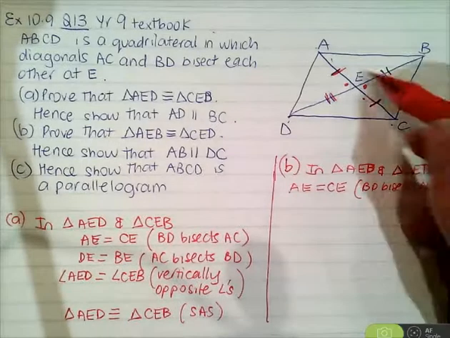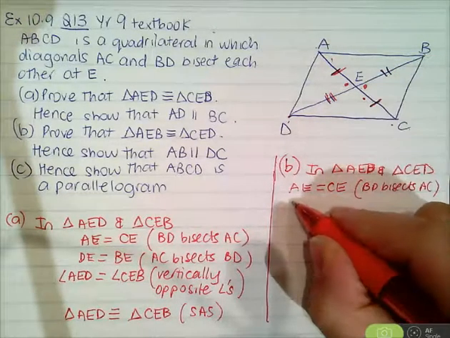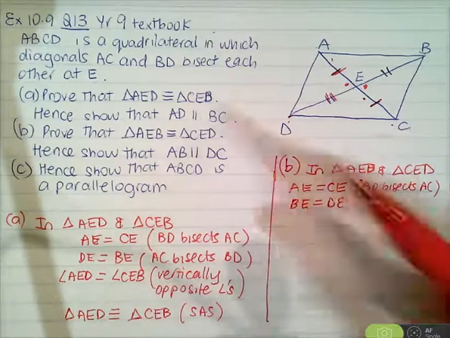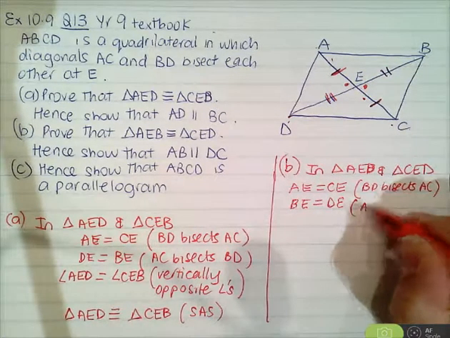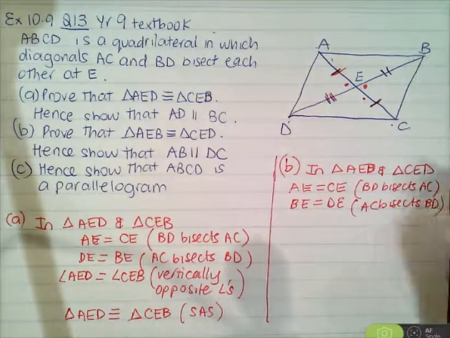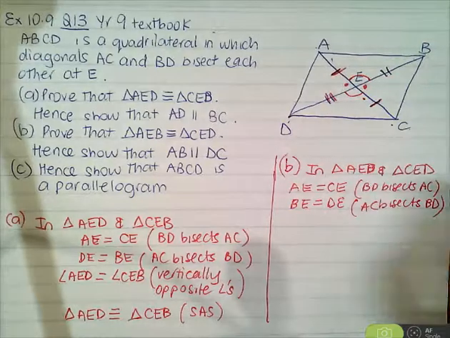We also can see in these two triangles that BE is equal to DE. And why is that? Because same reason as here, AC bisects BD. And we've also got that this angle here equals that one there. So that's vertically opposite as well.